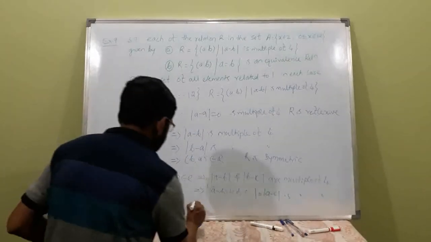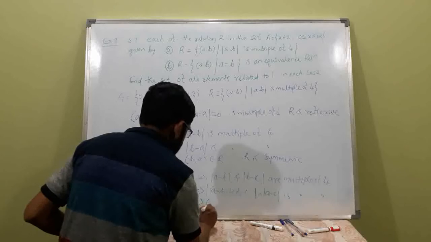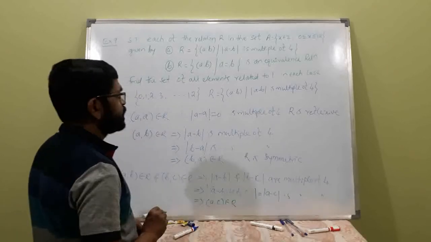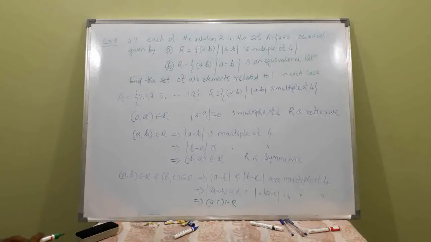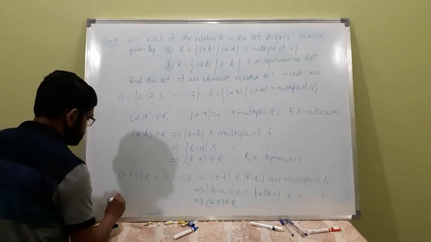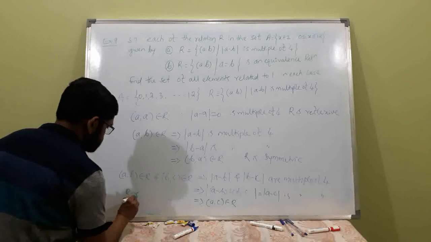That is, (a, c) belongs to R. Therefore, R is transitive.